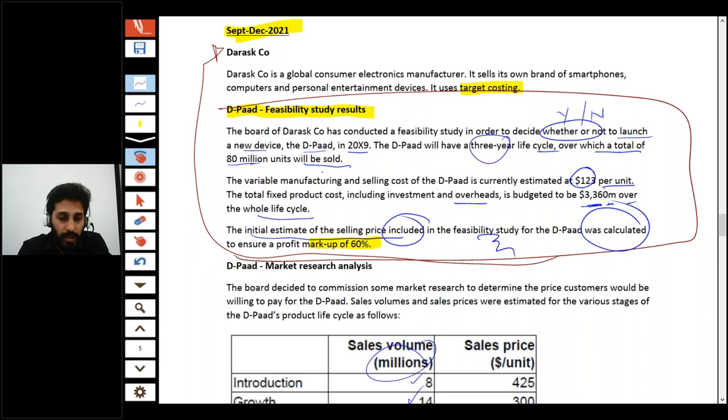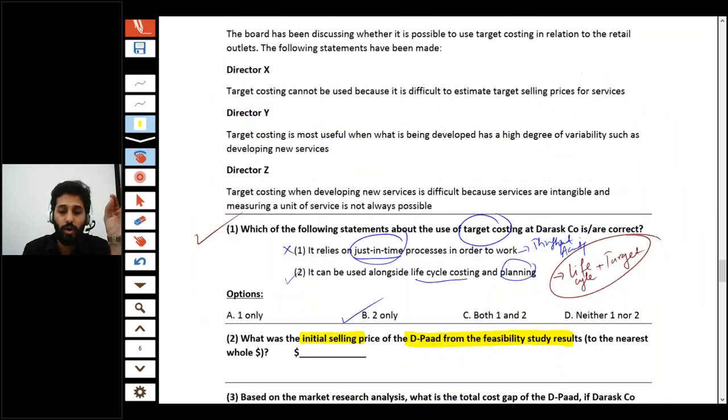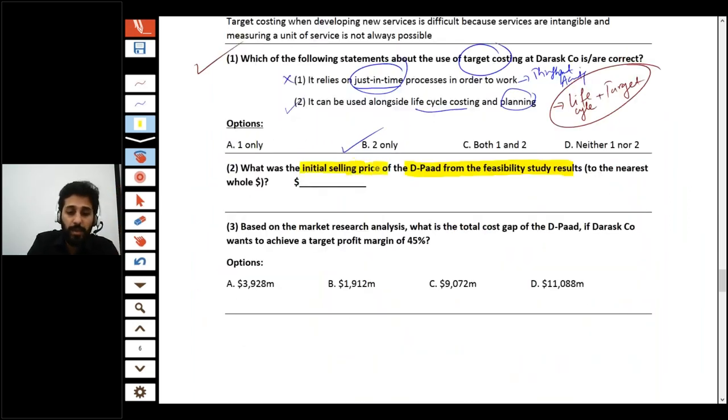Number one, the variable manufacturing and selling overhead is estimated at $123 per unit, and 3360 million is the total fixed cost. In the whole life cycle, there are 80 million units. So I need to calculate the initial selling price per unit. It's not the total sale, it's the selling price.